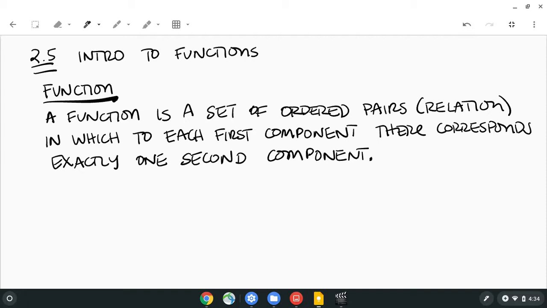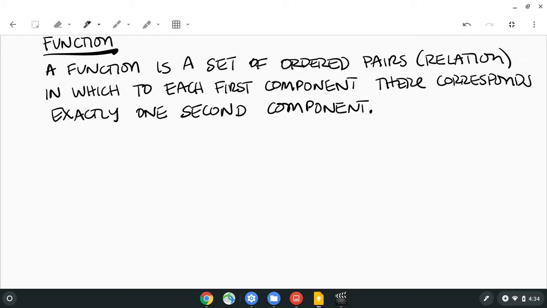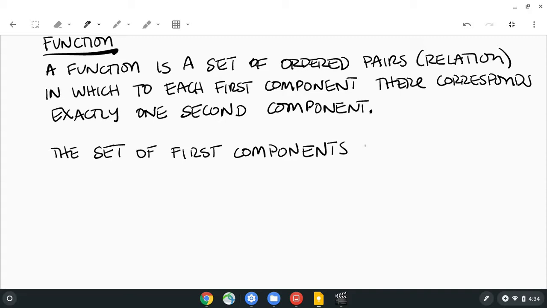Okay, so the set of first components is called the domain of the function.